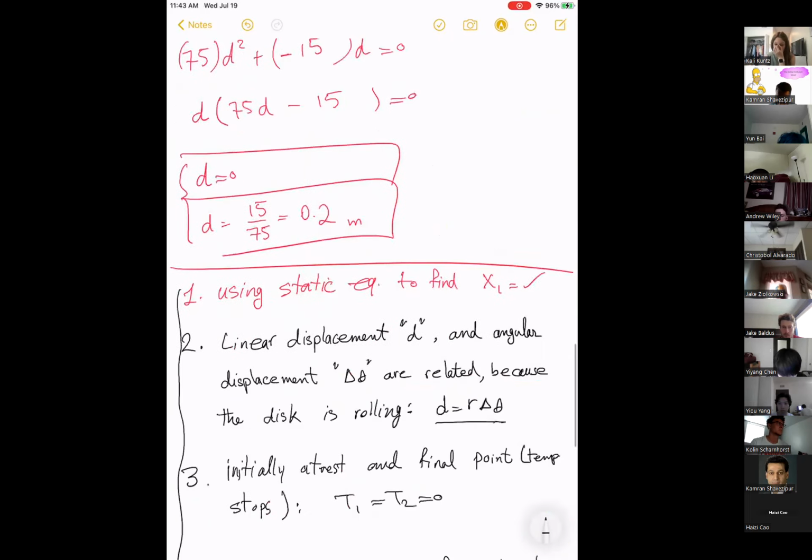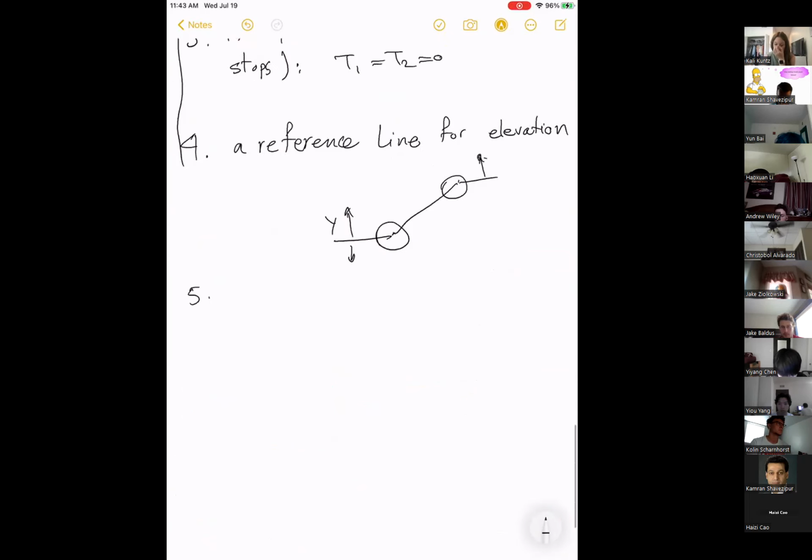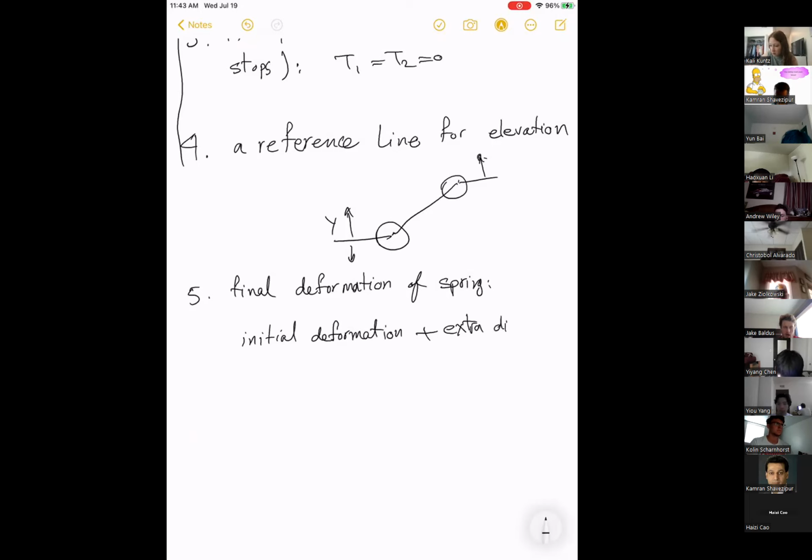The other thing was, okay, you can add that the final deformation of a spring, and this is always the case, right? Is initial deformation plus secondary displacement, whatever you name it, plus extra displacement between position 1 and 2.